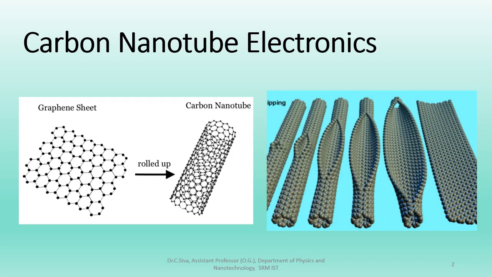Here you can see this is the graphene sheet which is being rolled up, and it will be called a carbon nanotube. In general, this carbon nanotube will get a cap here, and one half of the fullerene will act as a cap on one side, and another half will act as the cap on the other side.